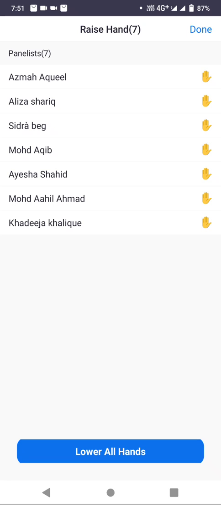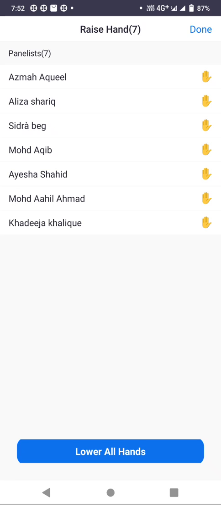5 minus 2 is 3. How many fruits are here in the basket? 3 fruits. No, how many fruits are present in the basket? Total 5.